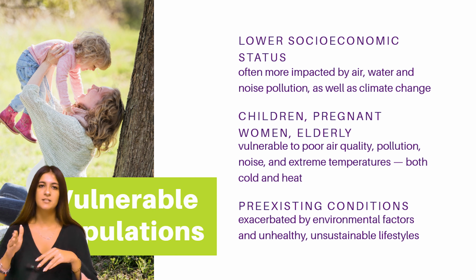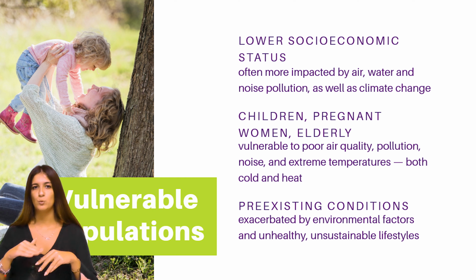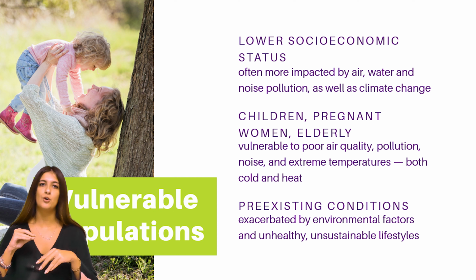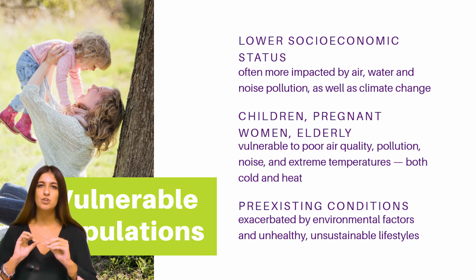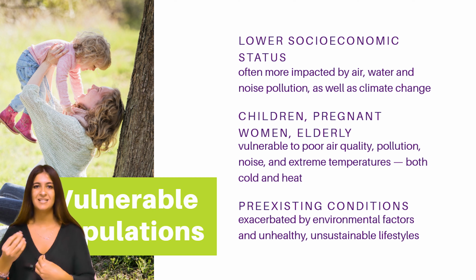According to findings from the European Environmental Authority, individuals with a lower socioeconomic status tend to be more affected by air, water, and noise pollution, as well as climate change. This is a result of the complex interplay between poverty, social disparities, and environmental factors contributing to ill health.